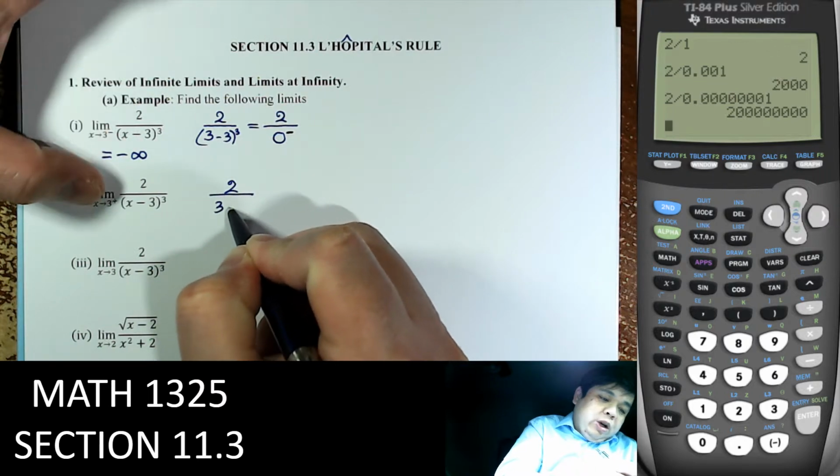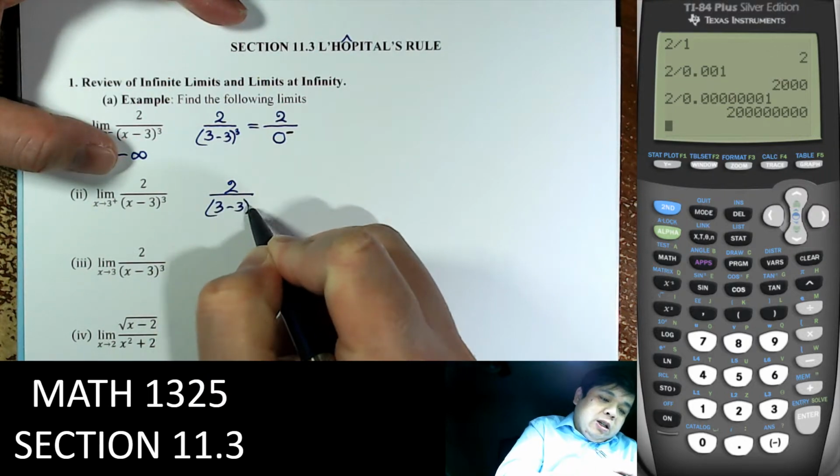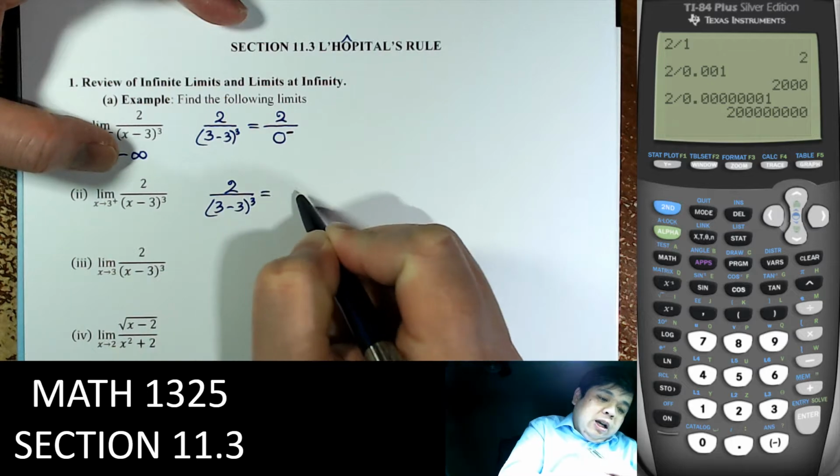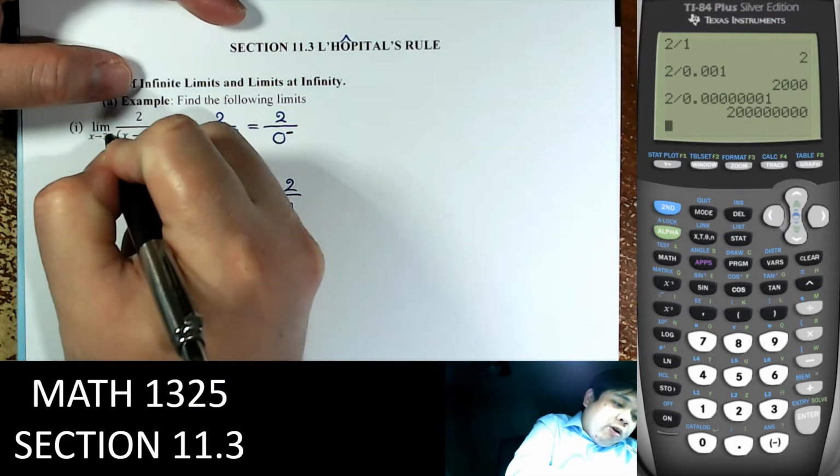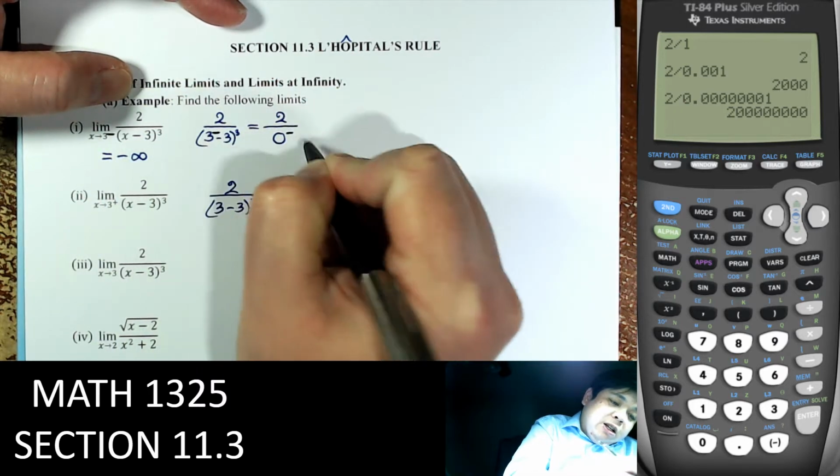Again, if we put 3 in, it will be 0. Let's make it clear: if we go from the left side, it will be negative.